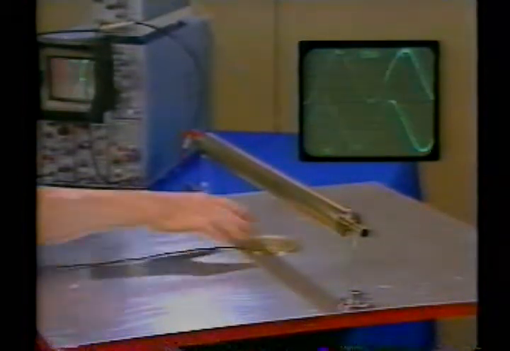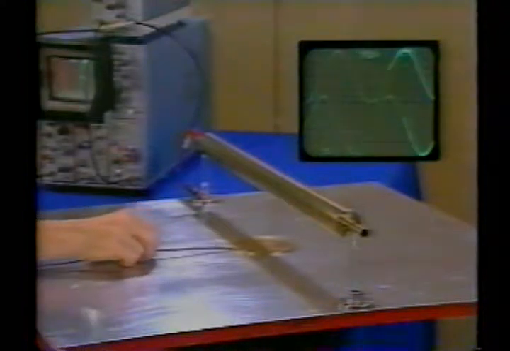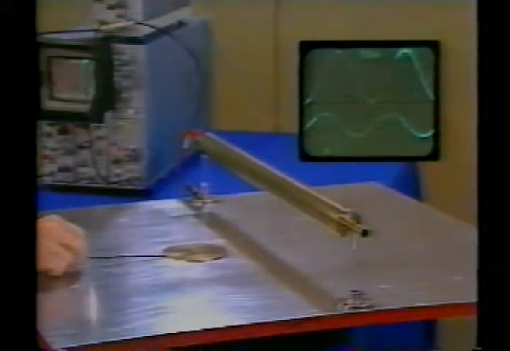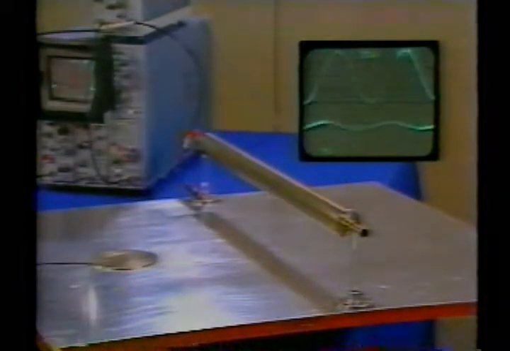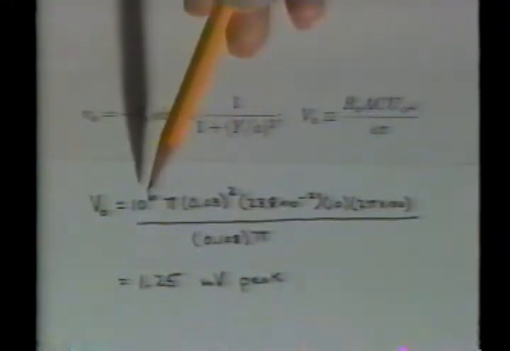The applied voltage is 10 volts peak, and the frequency is 100 hertz. A, the distance from the image charge to the ground plane, is calculated as 10.8 centimeters. Then V0, the voltage with the probe directly centered under the cylinder, is calculated as 1.25 millivolts peak.